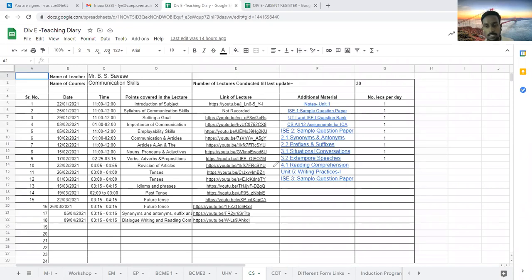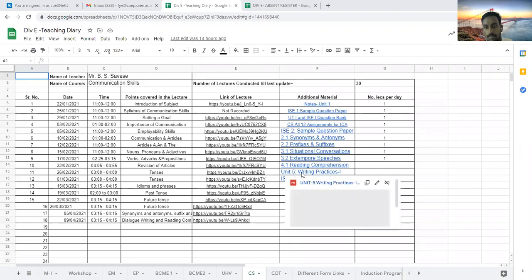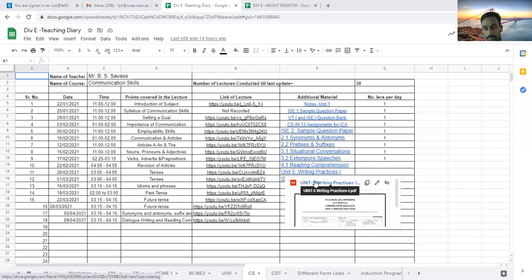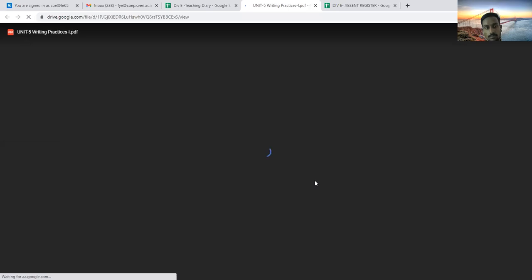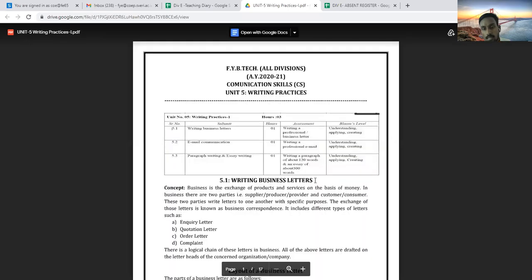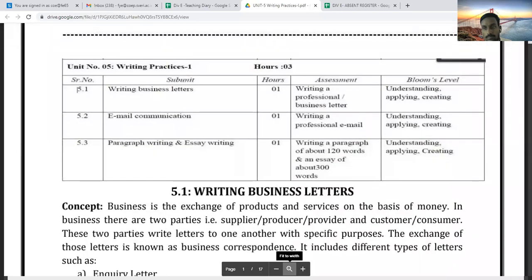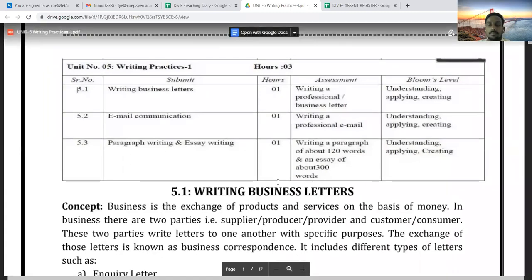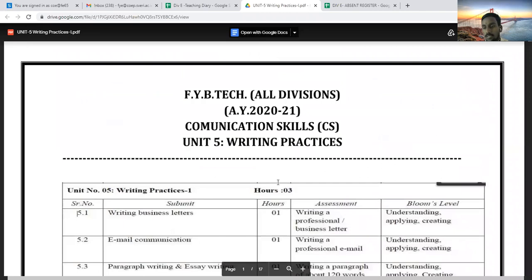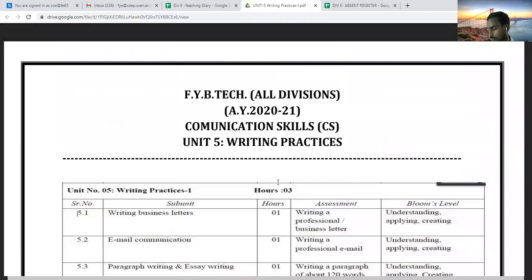Okay, is it visible that today I'm going to begin with unit number 5 and writing practices first? Okay, so let's begin with this unit number 5 today.